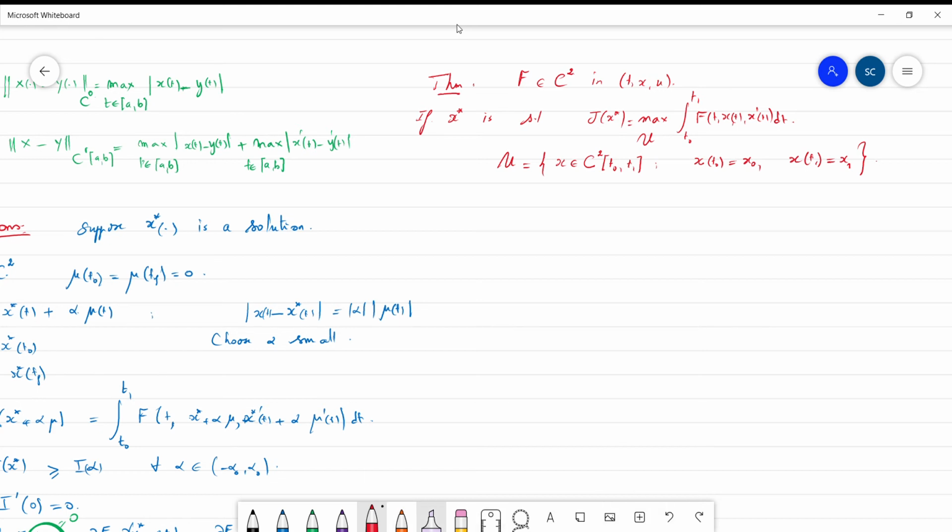They are C1, not necessarily C2; we need just C1.